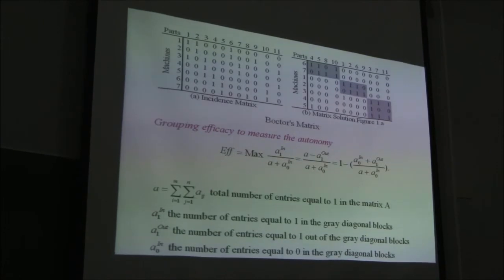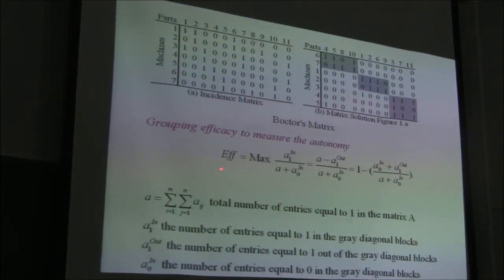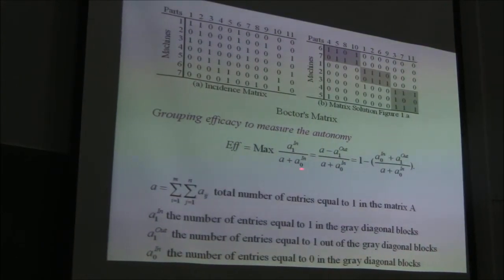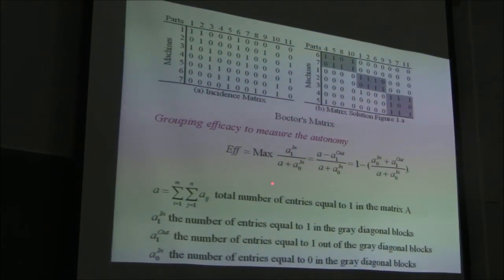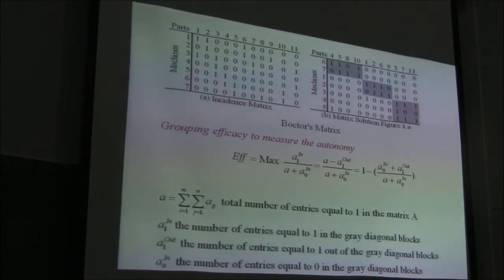So you can make a modification, and you can specify very easily that this quantity is the same as 1 minus the sum of the 0 in the block plus the 1 out of the block divided by the total number of 1 in the matrix plus the number of 0 in the block.